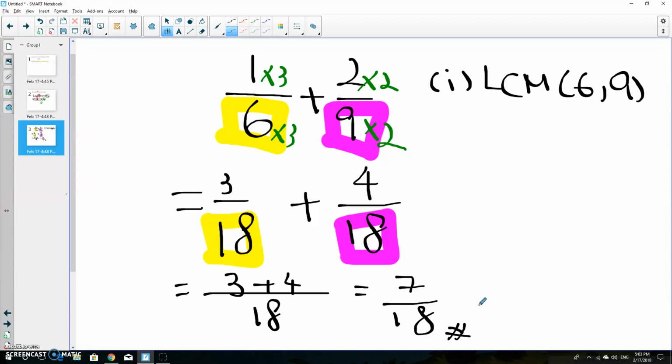And if you cannot find the lowest common multiple, then you run into problems. If you're just randomly adding them together, people will go like 15. This is the wrong answer. I've seen people doing that because 6 plus 9 is 15, and the top is 3, and then they will simplify that to 1/5.